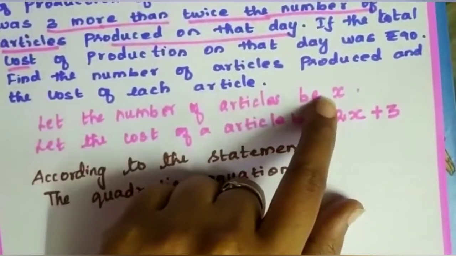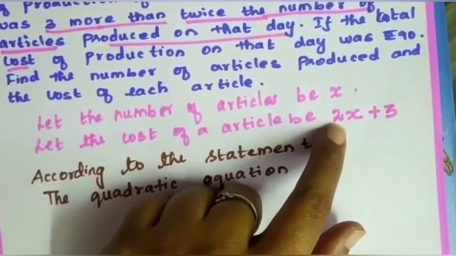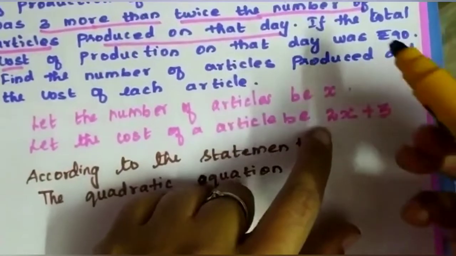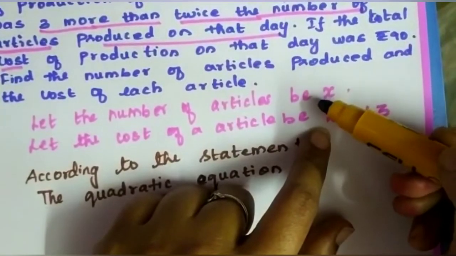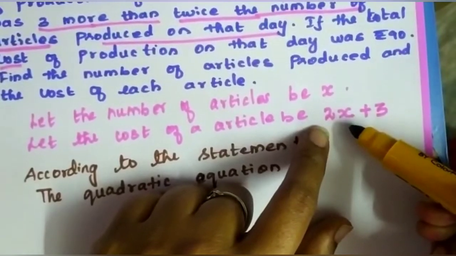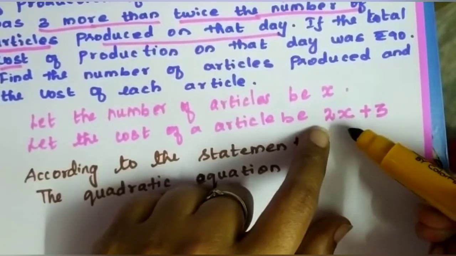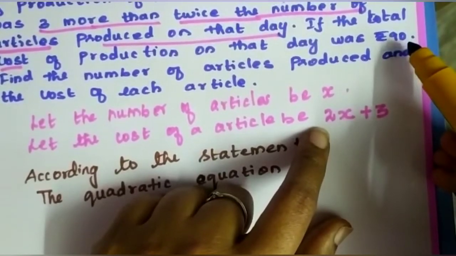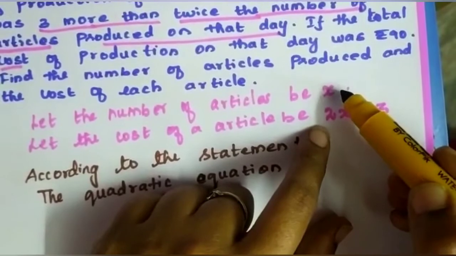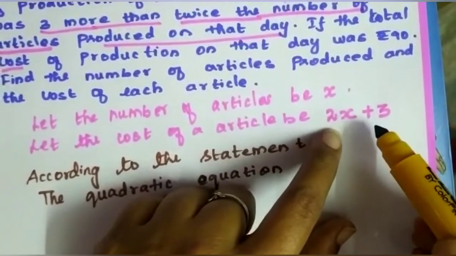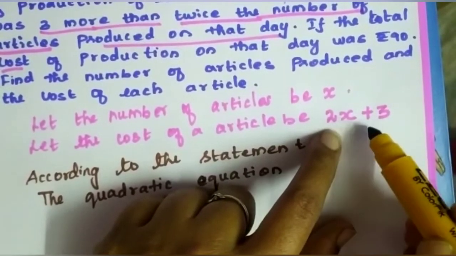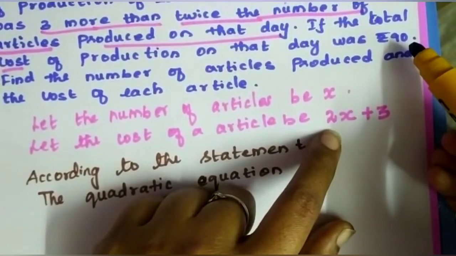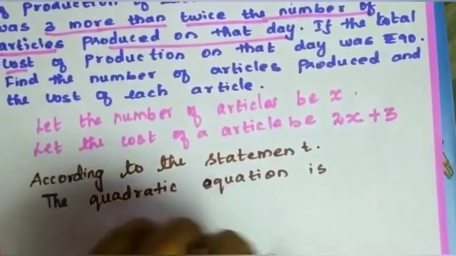Number of articles into cost will be 90. You have to multiply the number of articles and the cost of the articles, then you will get the total cost of production on that particular day. Number of articles produced is x, and the cost of one article is 2x plus 3.